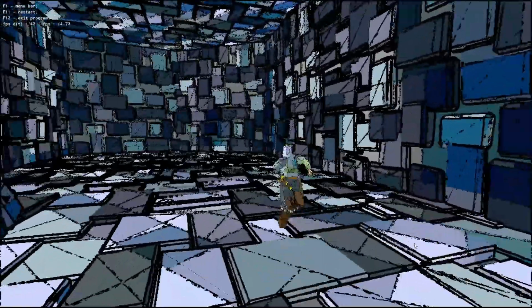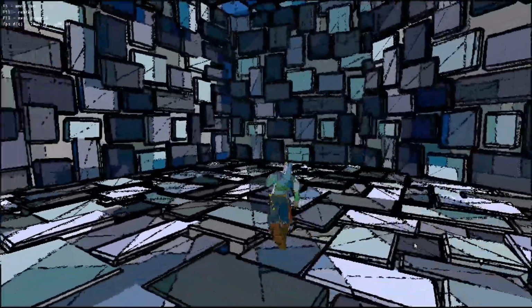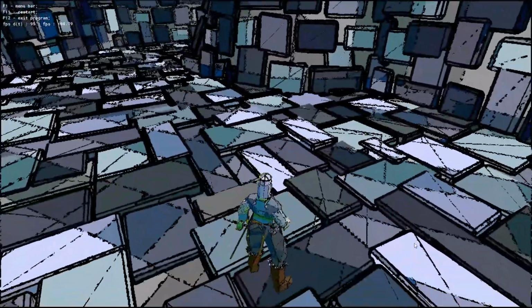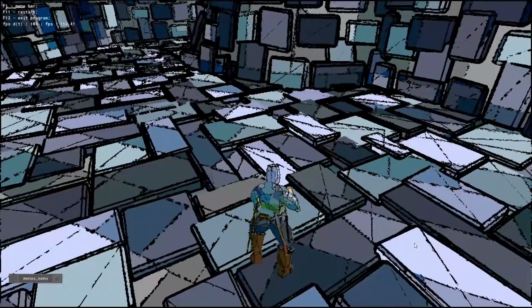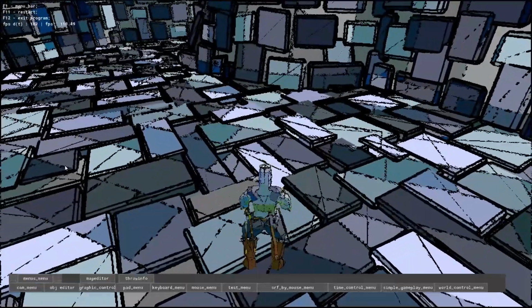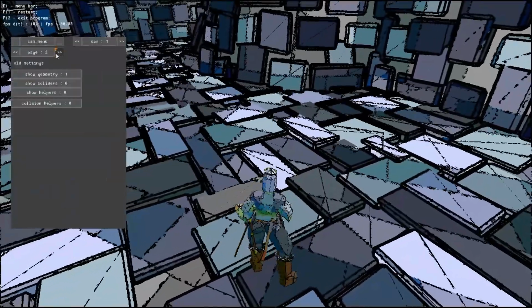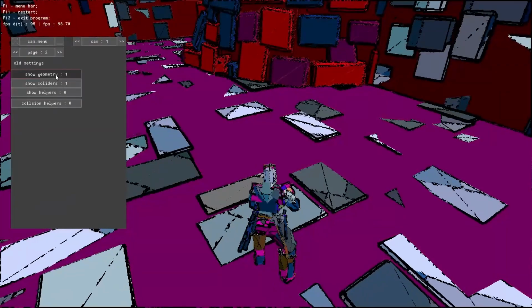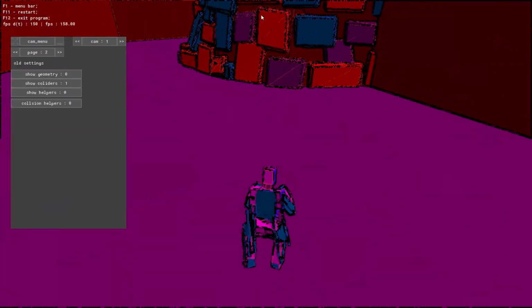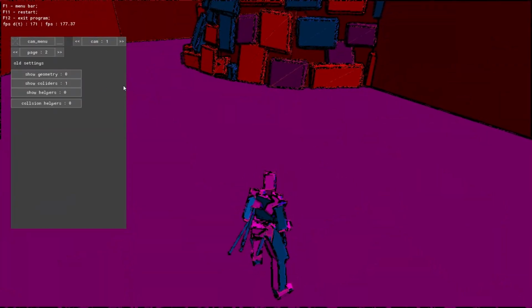It is not staged. I just found it. I was making this level with my kid, so he was telling me where to place stuff and what stuff and so on. So I'm just thinking here, what is going on? Something is off. Yeah, here we have colliders made of visible stuff.